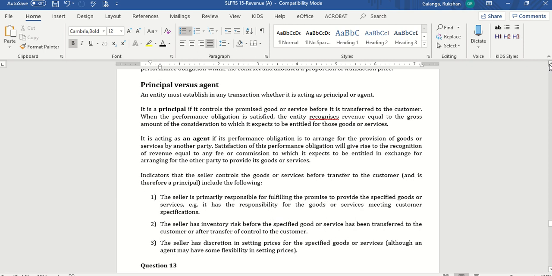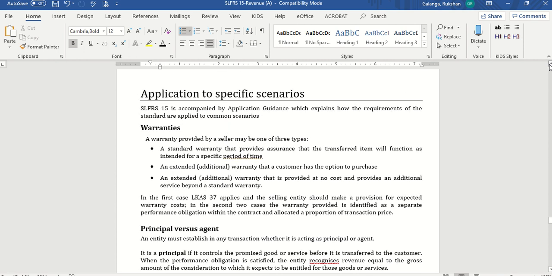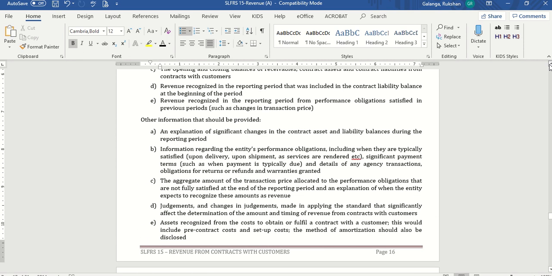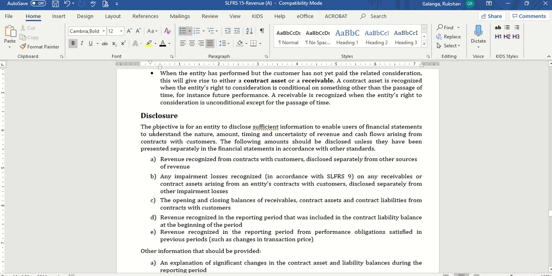Then what else do you need to disclose? Look at the disclosure requirements, right? These are the things that you should disclose. Revenue recognized from contracts with customers, right? You should disclose how much revenue we recognized during the period from contracts with customers, and any impairment losses recognized for the receivable or trade receivable balances, right?